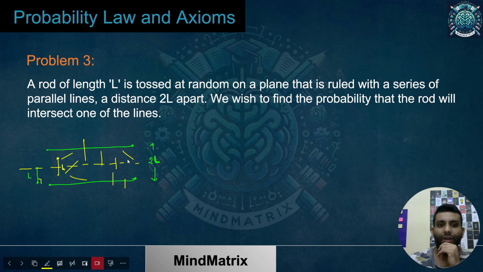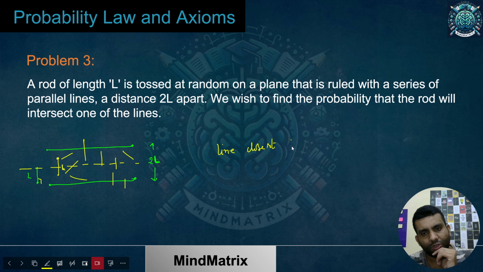Now the point over here is we will be considering the line closest to the rod only for intersection. Why is it so? See over here.